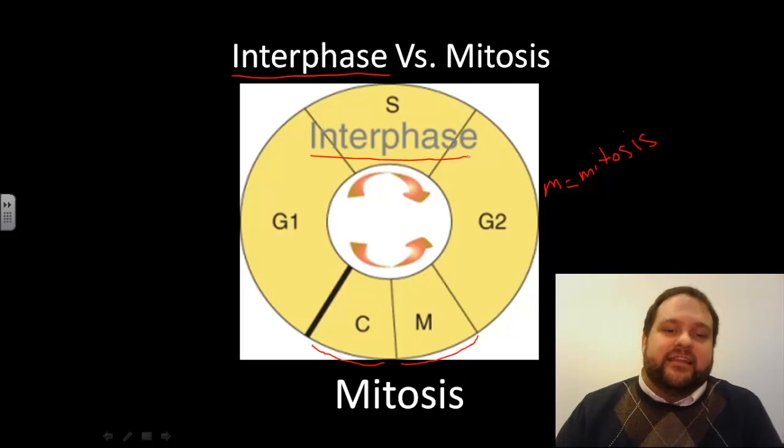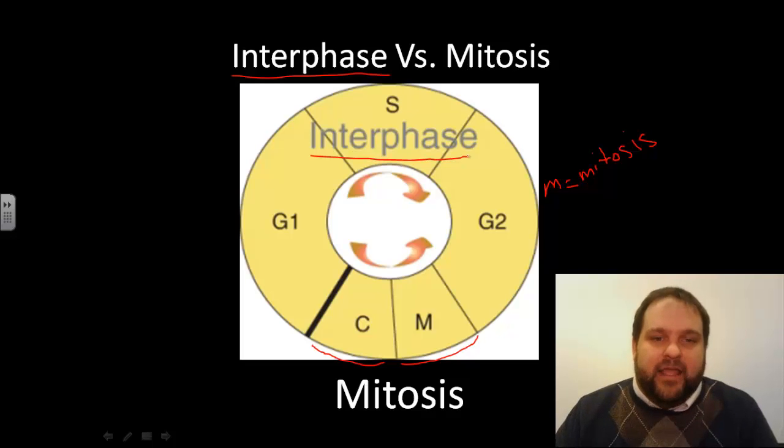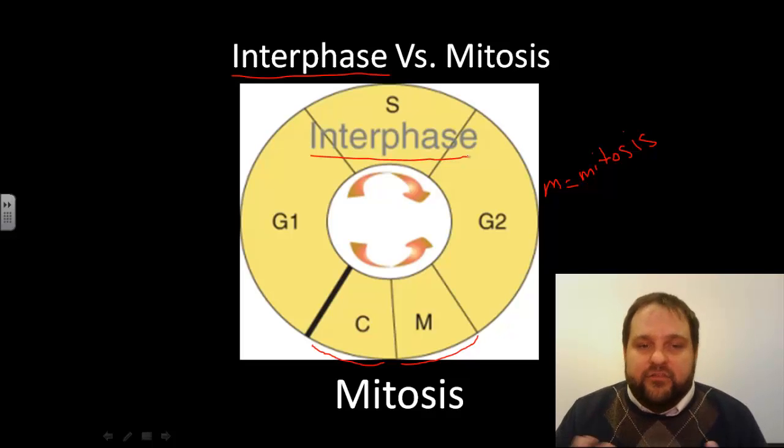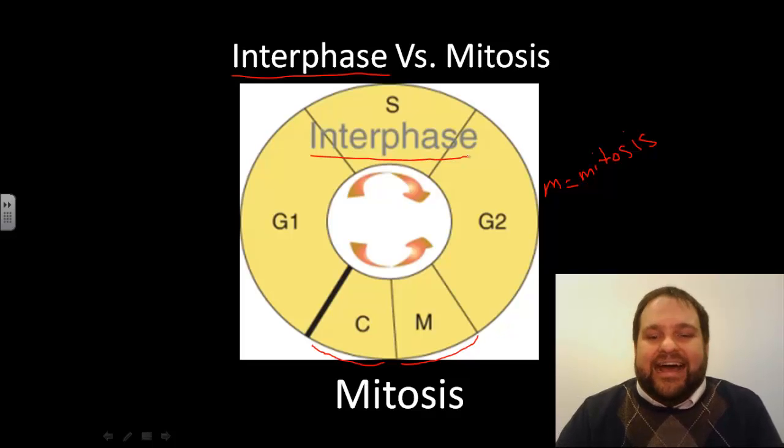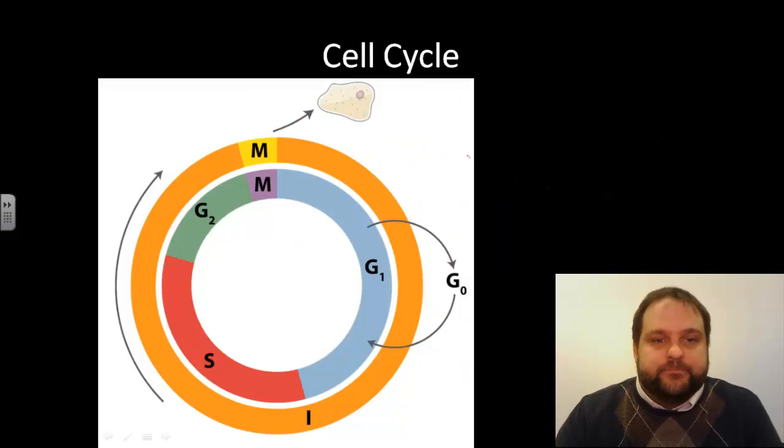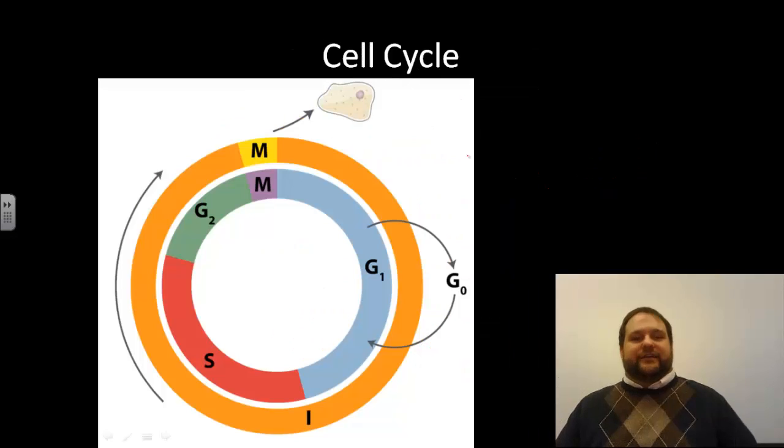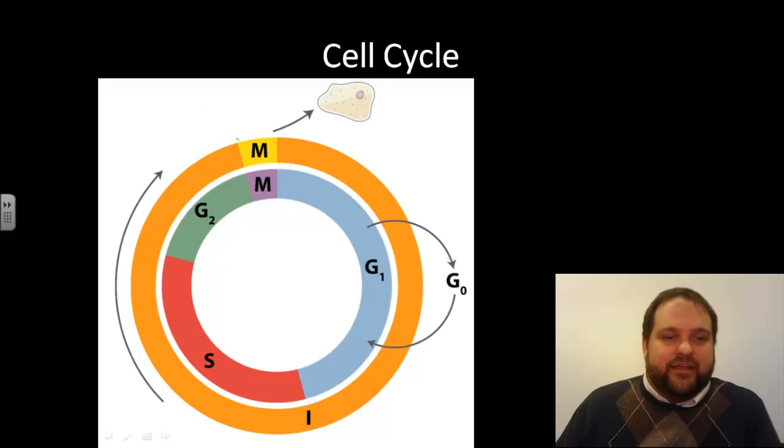So when a cell is not dividing, it is in interphase, and there's a lot of different small stages, but that's what it spends the majority of its time in. If we look at our cell cycle here, this orange diagram out here, we have M, which again stands for mitosis. So this little chunk is mitosis.